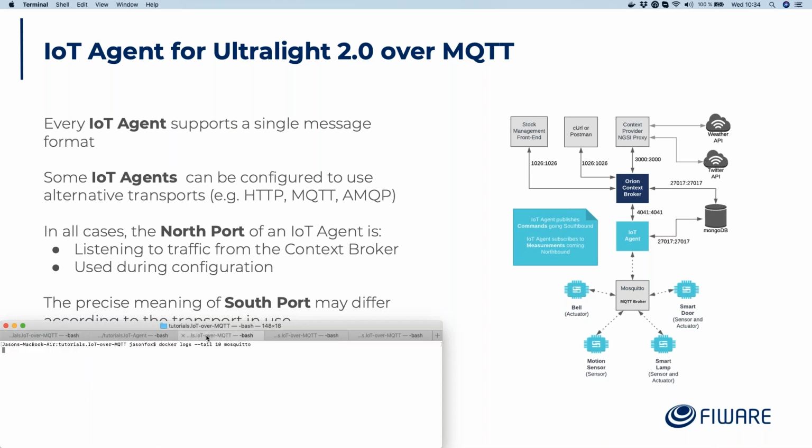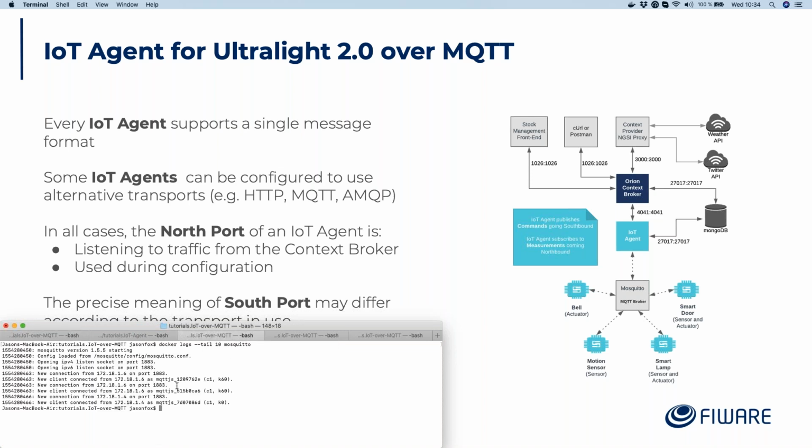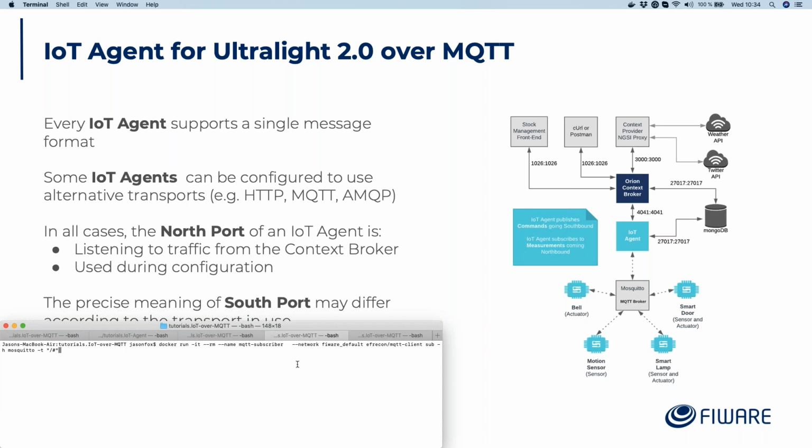You can see if we tail our logs, we've got a few clients which have connected to our system. So let's subscribe to a topic. You can see nothing happening there because it's now just listening. If I were to actually send information into the system, you would see this is motion sensor 3.